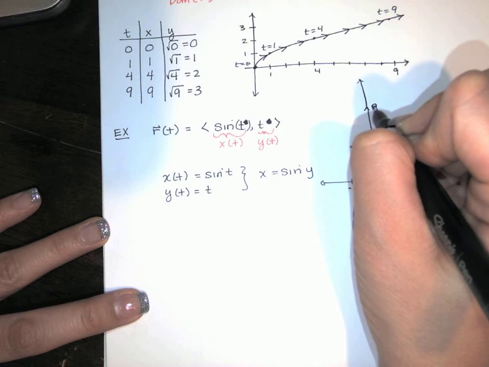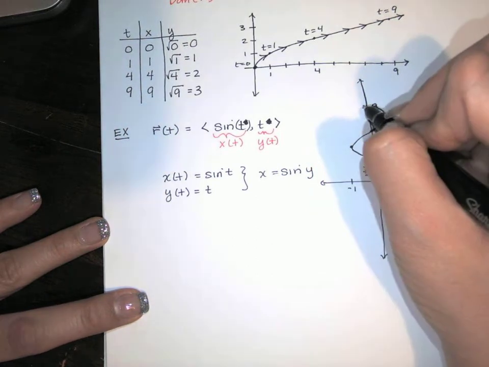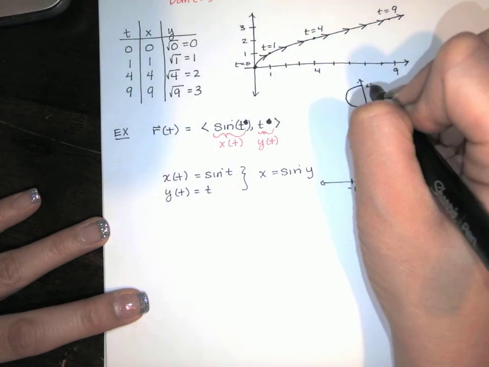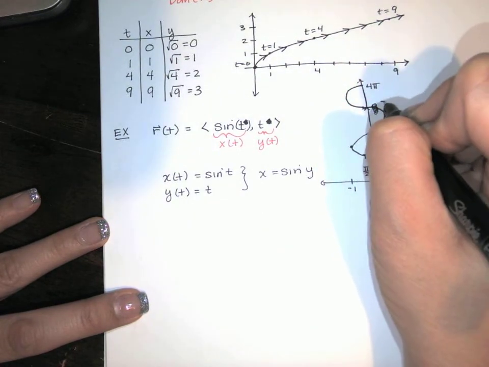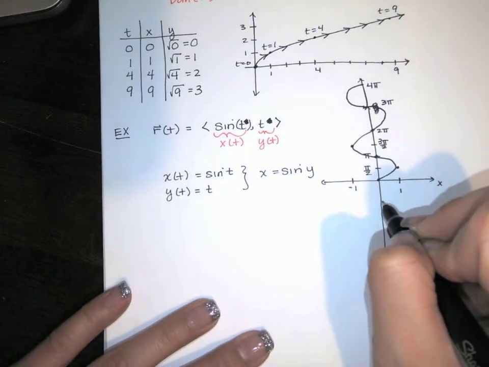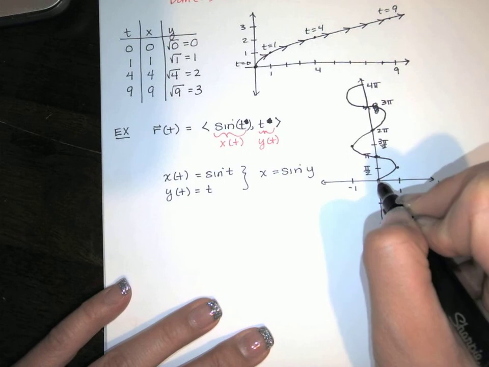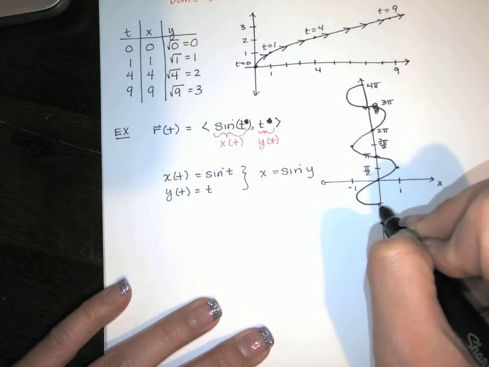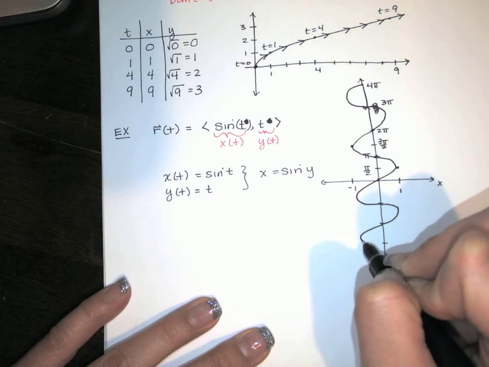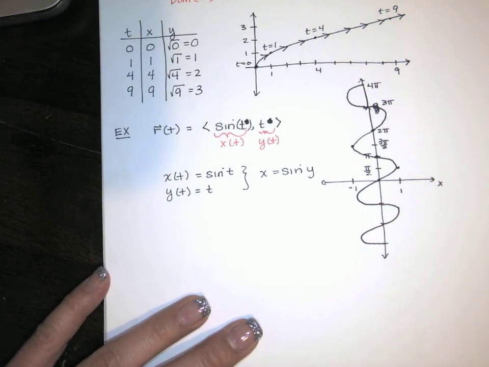And we know sine repeats. I'm trying to do the best I can to draw this graph. So that's 2 pi, that's 4 pi, that's 3 pi, and so on. And we can go back this way. Okay, so that's my graph.